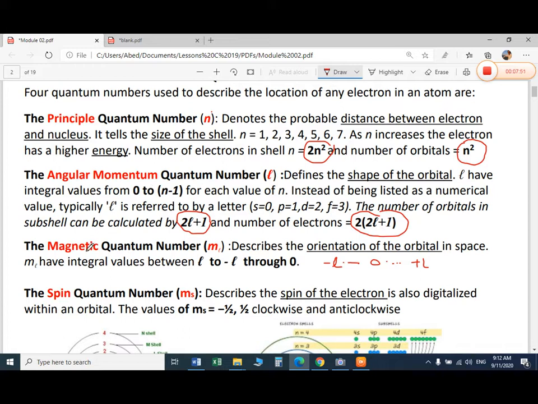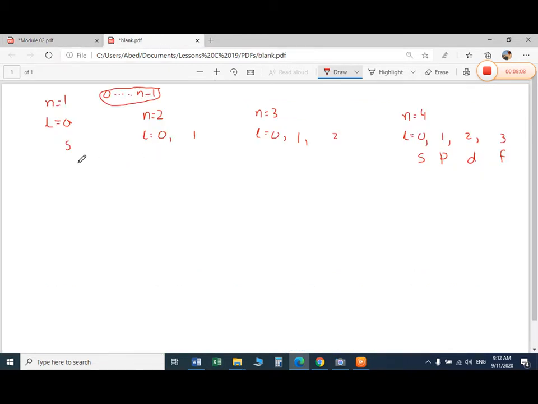Then we come to the magnetic quantum number. This is represented by ML, and this gives the orientation of the orbital. So this starts from minus L and reaches to 0 and finishes at plus L. So let me show you this also in calculation here. When N is equal to 1, L is equal to 0, this is the S orbital, we don't need to calculate ML here.